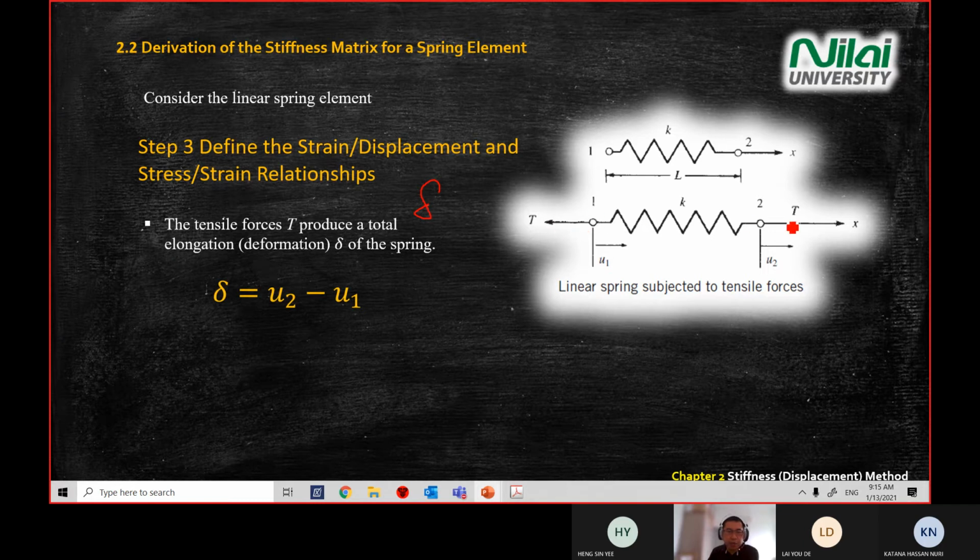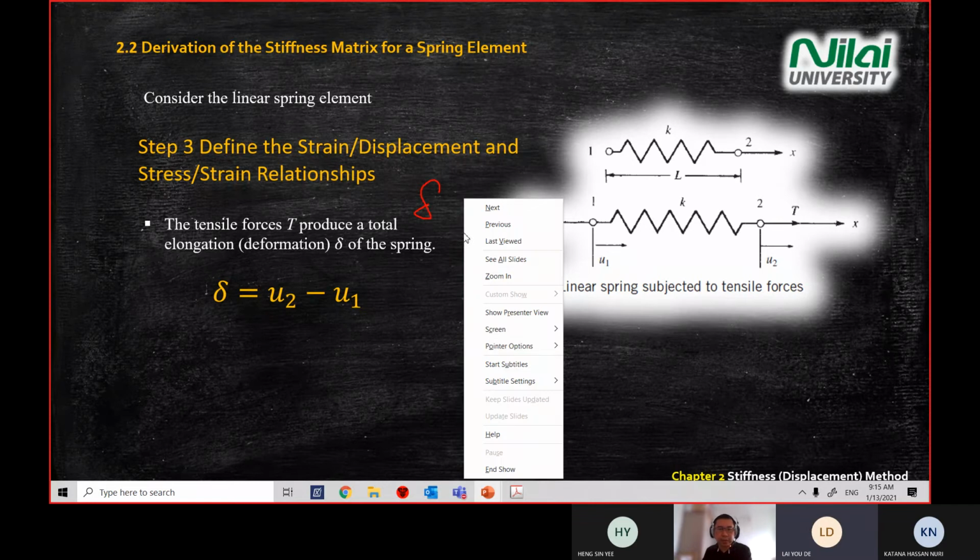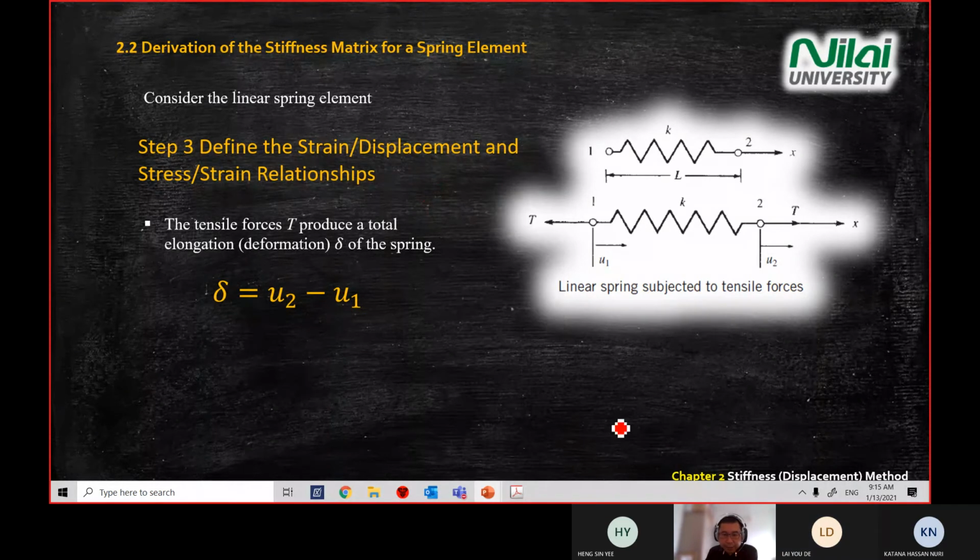You're pulling from both sides. So when you pull this spring, you're going to have displacement. Displacement or deformation equals u2 minus u1. So far, any questions, Lai? Anything you want to ask me? No. Okay, good.